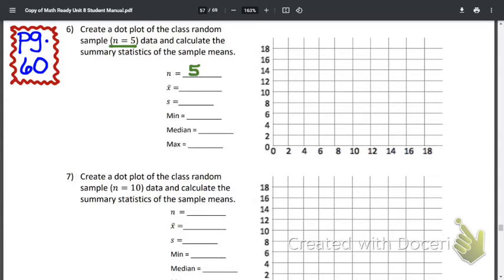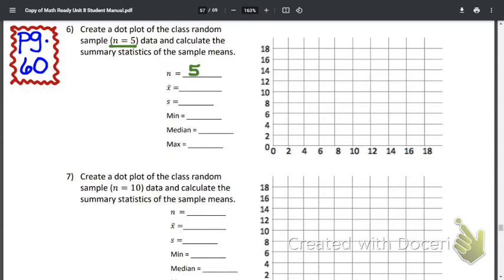So on the 3, there's 2 dots. For the 6, there's 6 dots. For the 7, there's 2 dots. For the 8, there's 1. 9 and 10, there's also 1. There's 2 dots at 11. And then there's a 16 and a 17. All right, that's all of them over there.